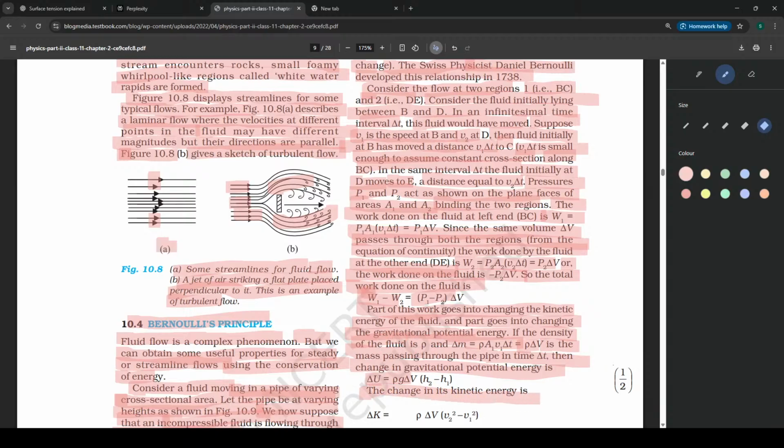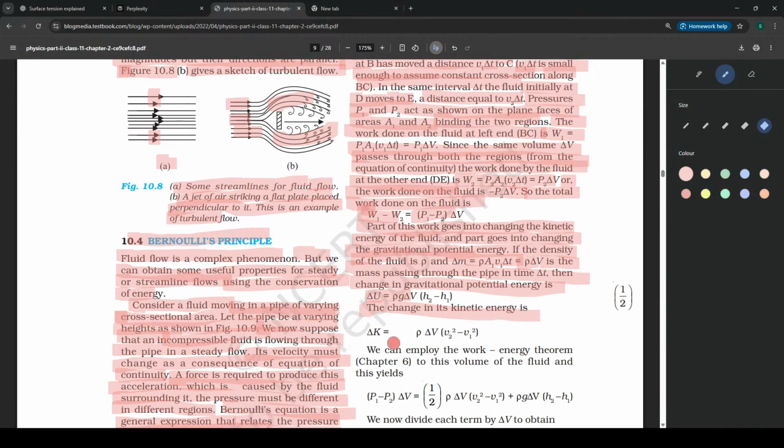The change in kinetic energy is delta K, which is equal to half rho delta V times (V2 square minus V1 square).